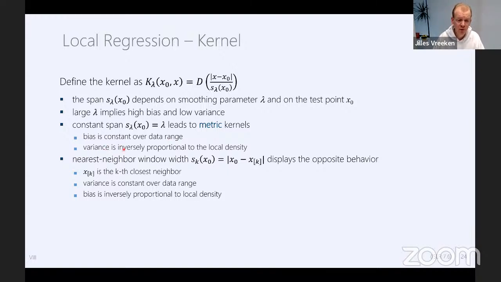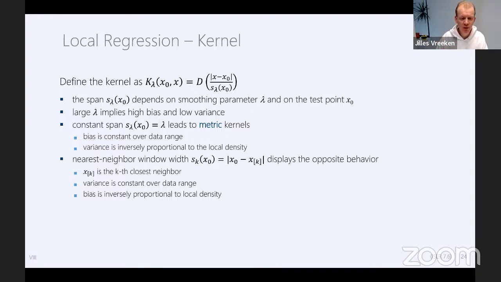The variance is going to be inversely proportional to the local density, which makes sense. The more data points we have, the lower the variance. The lower the number of points, the lower the density, the higher the variance, which is exactly what you would want. So we want to have metric kernels, and hence just choose this constant. No worry there. Another thing to think about is that we're applying this kernel function over a certain set of neighbors. We're looking at a window width.